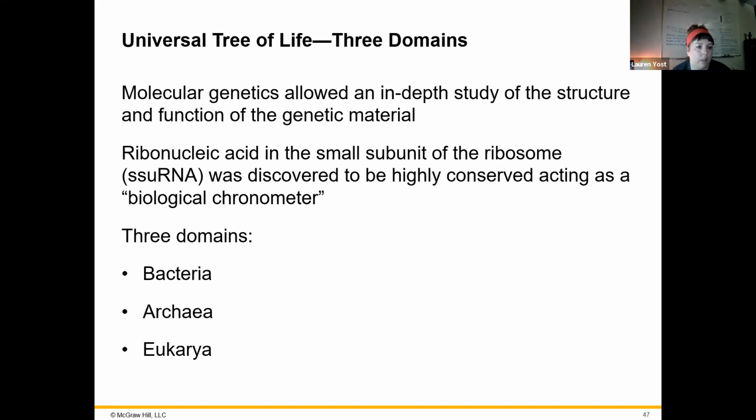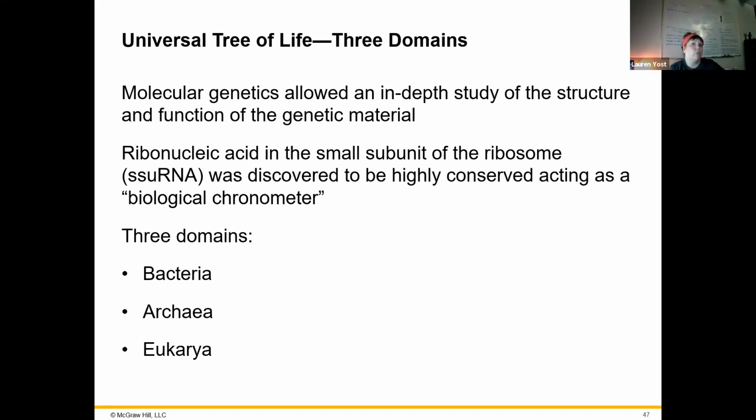All right. Molecular genetics. This is just using genetics, DNA, so the actual genome of organisms, to determine how related they are to one another. They use the small subunit of the ribosome, which I'll explain in a later chapter, but just a real quick rundown: they're little parts in the cell that help make protein. Your DNA codes for a specific protein, and then eventually we make the protein.